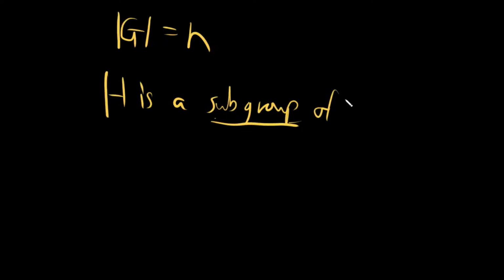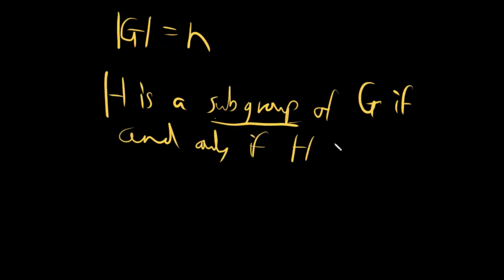So H is a subgroup of G if and only if H, so H is a set, just like G is a set, H has to be contained in G. It could be the same set.